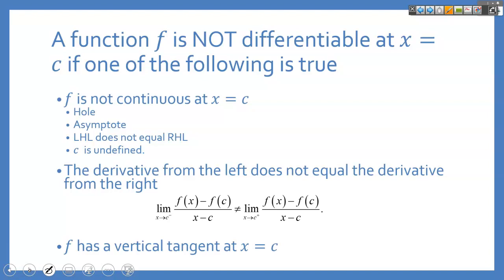Today, we're hitting differentiability. So we know that it's continuous if it's smooth and goes together. It's not differentiable if we have holes, asymptotes, left-hand limit not equaling right-hand limit, which we would see with a cusp or a corner.